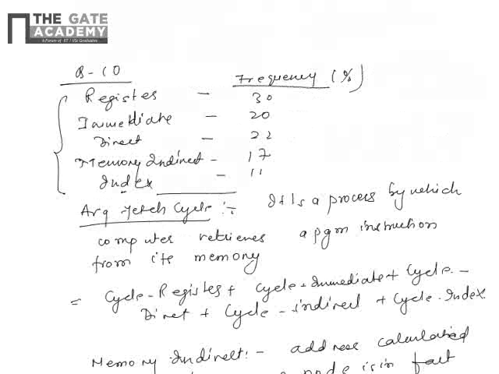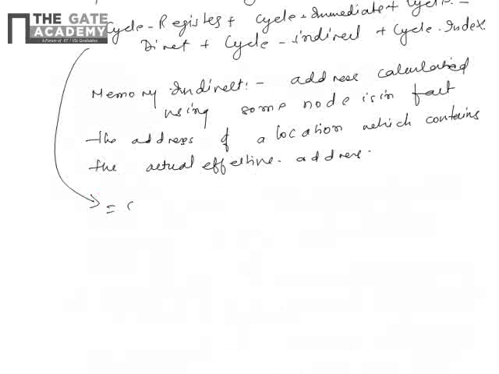And if you go for index, it will be the summation of the index value and the direct address location given, which will be added to it. So in index the cycle will contain this value also, and in the cycle for memory indirect, twice the cycle will be taken for direct. So I can break this statement as: cycle register, then cycle immediate, then cycle direct.